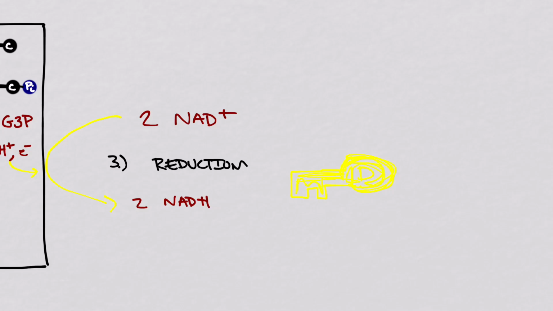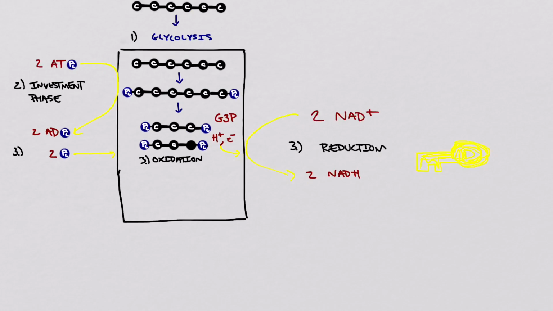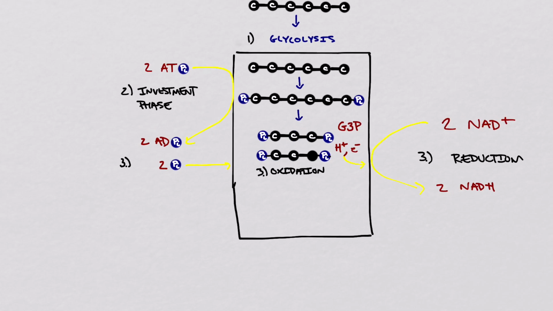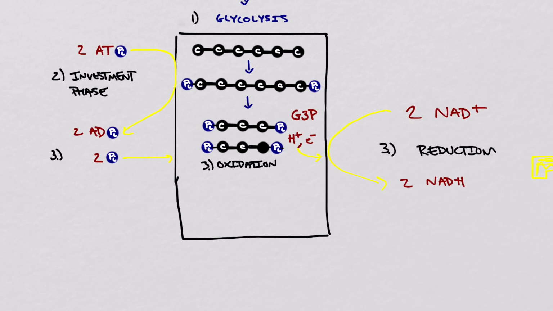Okay, this is the key, this reduction, because it prepares this G3P molecule for what's called the payoff phase. And you can imagine if in the investment phase we put in ATP, in the payoff phase we're going to get out some ATP. So here's what happens next.